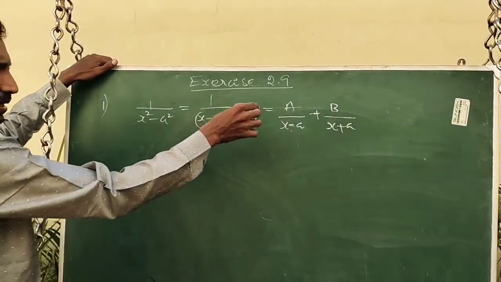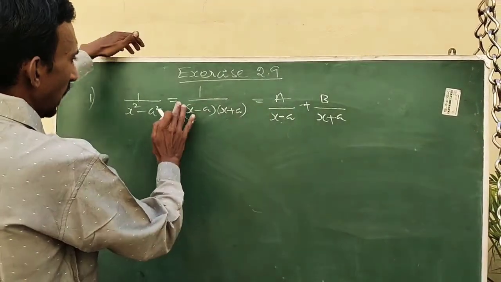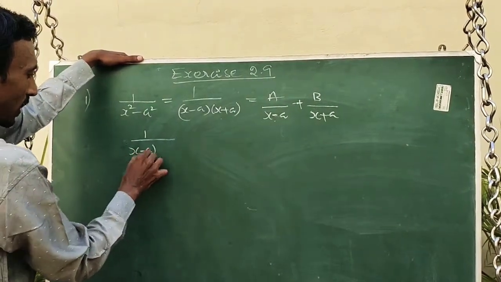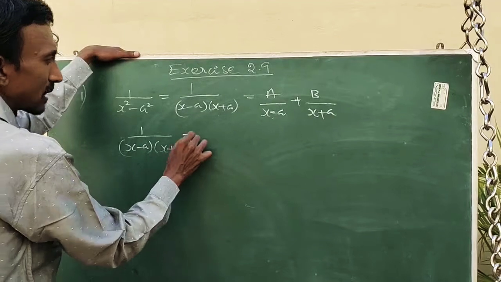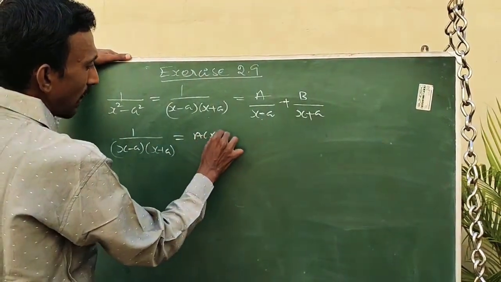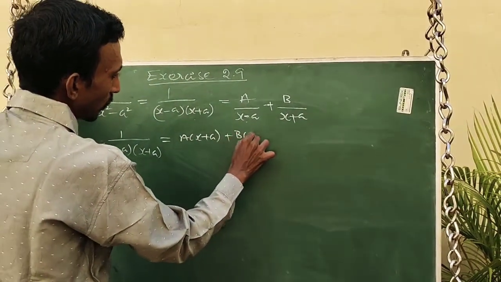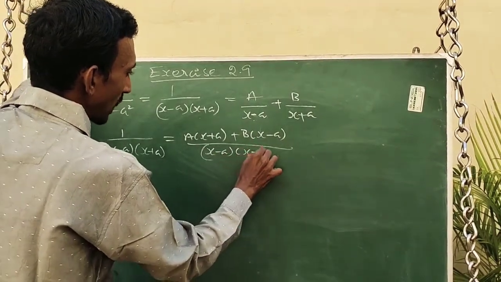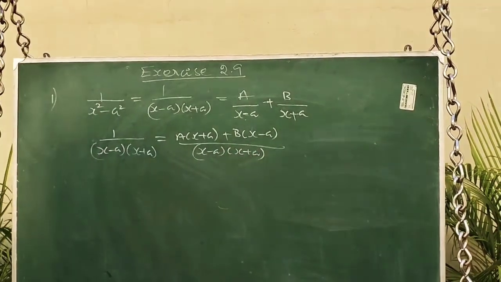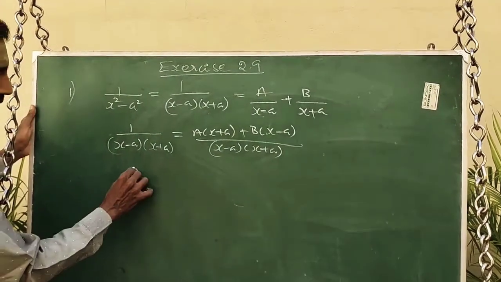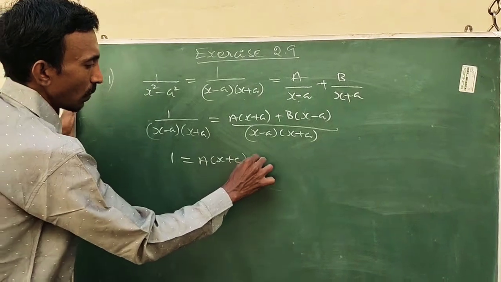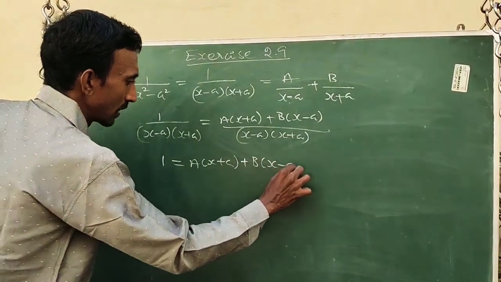Now take the LCM: 1 by (x minus a) into (x plus a) is equal to a into (x plus a) plus b into (x minus a), by (x minus a) into (x plus a). The denominators are the same, so the numerators are equal. So 1 equals a into (x plus a) plus b into (x minus a).